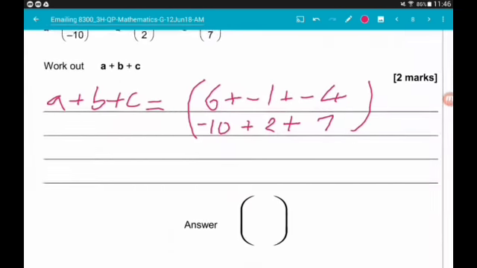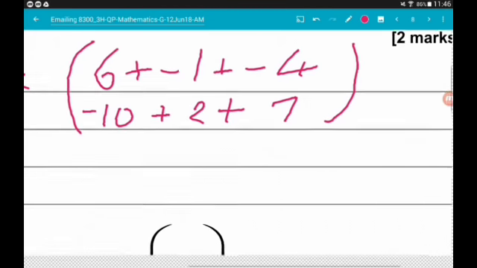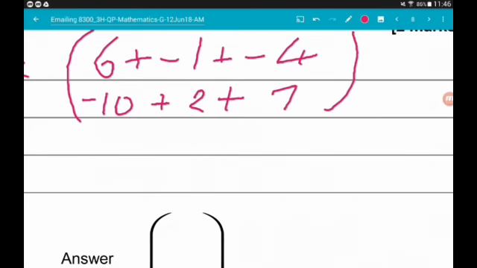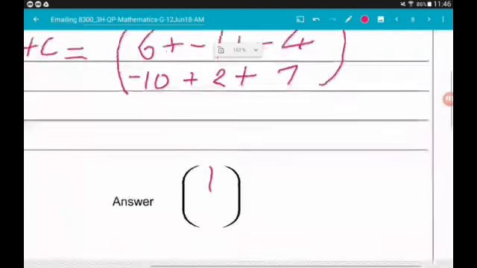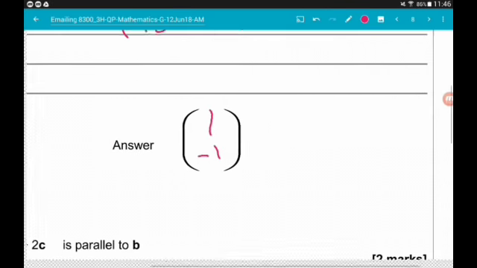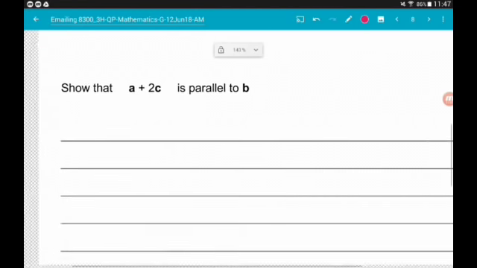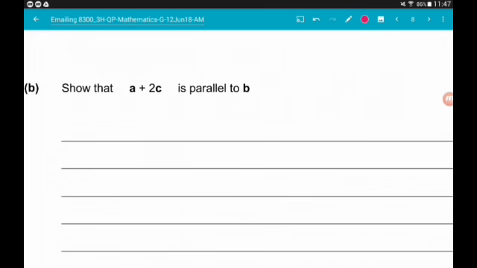So, up on top, 6 add -1 is 5, add -4 is going to give us 1, and then on the bottom, -10 add 2 is -8, add 7 is -1. So we get 1, -1. Part B wants us to show that A plus 2C is parallel to B.